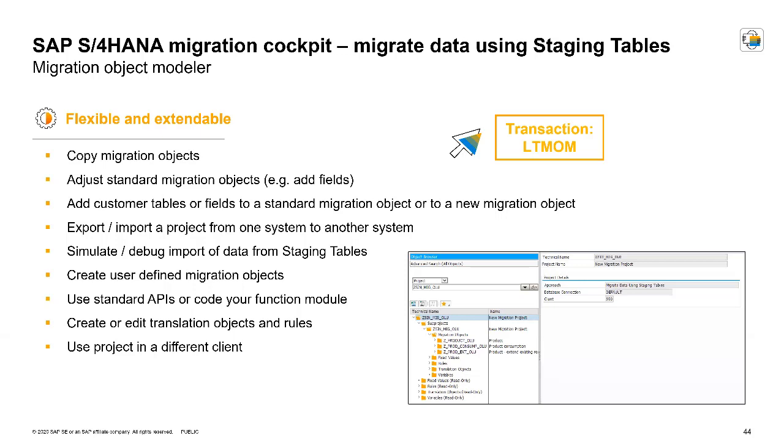You can create completely new objects using standard APIs or own coded function modules. Further, you can also create your own translation objects and rules if you need your own value mapping, your own rules for value mapping. This is also possible. And you can use the project in different clients if necessary. This is all controlled by the migration object modeler.